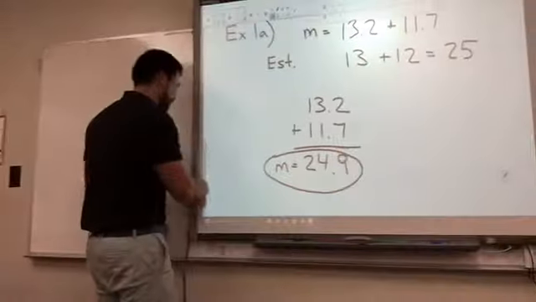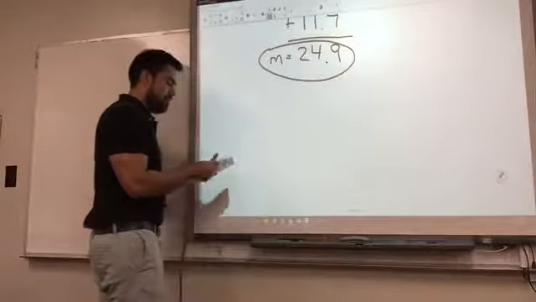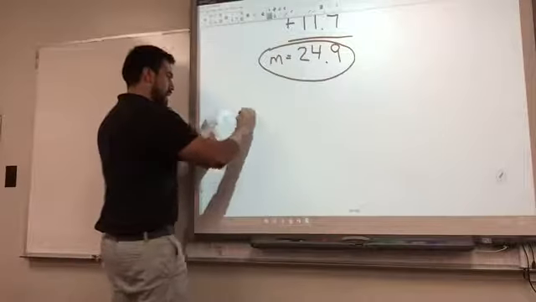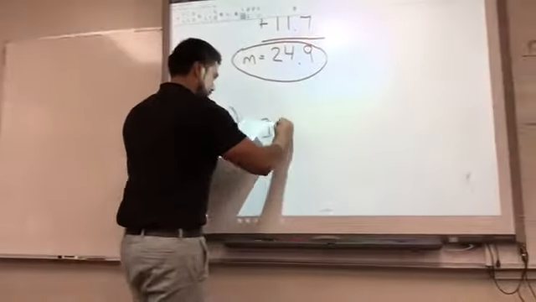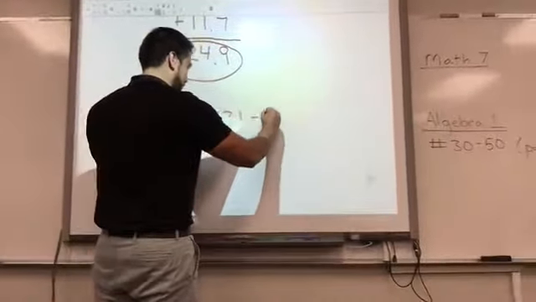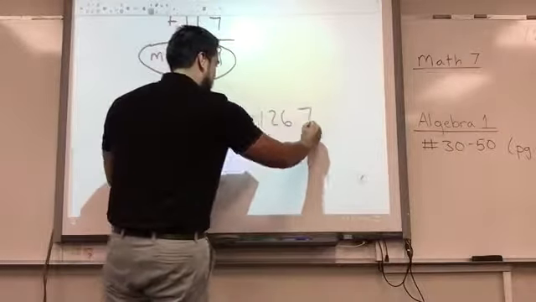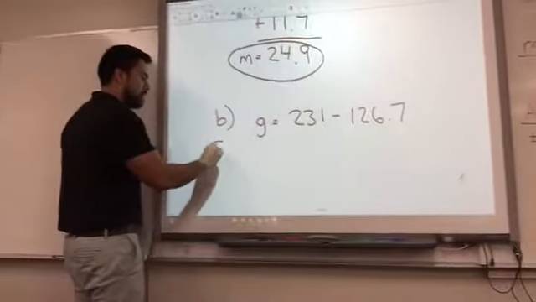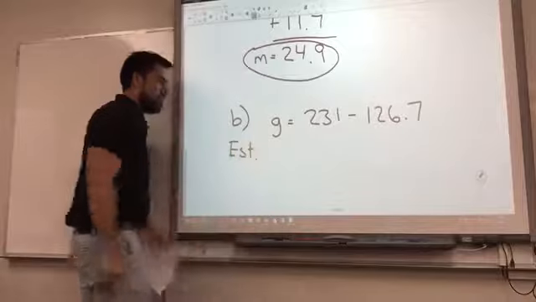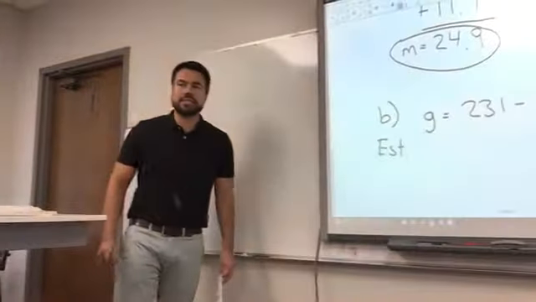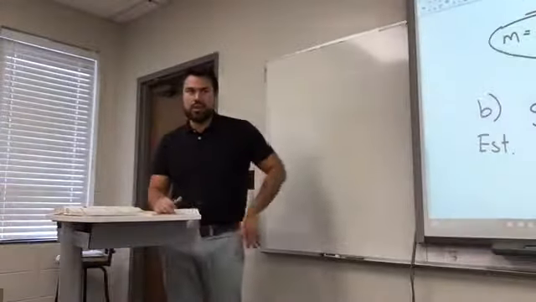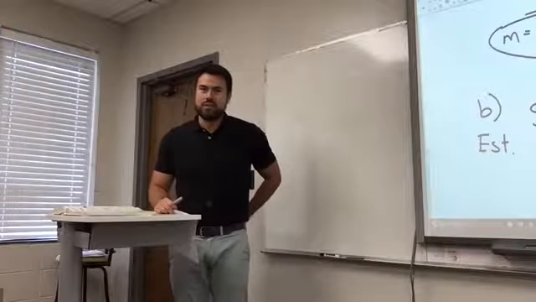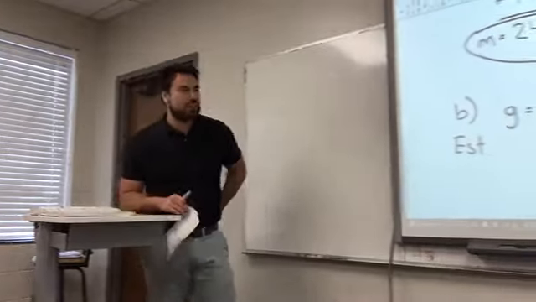All right, with B. They give us G equals 231 minus 126.7. All right, again, I want to see what estimation helps me with. So what do you think you would round these two numbers? What place value would you round them to? What do you think, Scout?